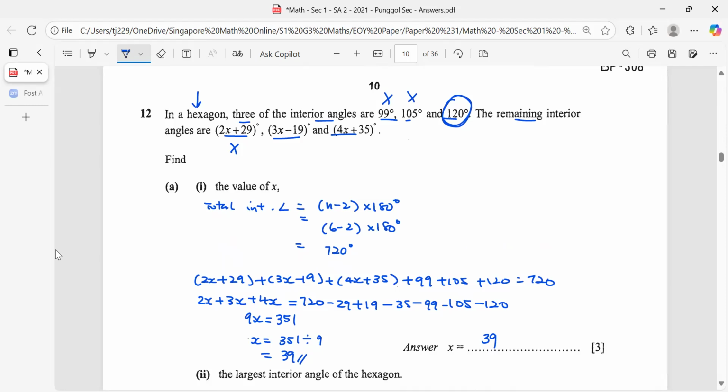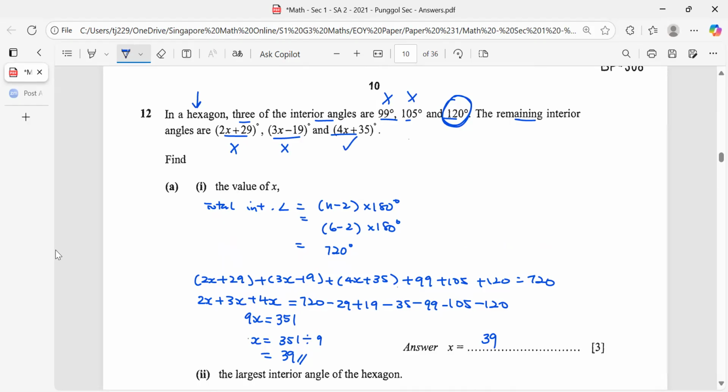Now 4x plus 35 is also more than 3x minus 19 because 4x is greater than 3x. And if it's already greater and you're going to remove another 19 degrees from it, won't 3x minus 19 be definitely going to be less than 4x plus 35?